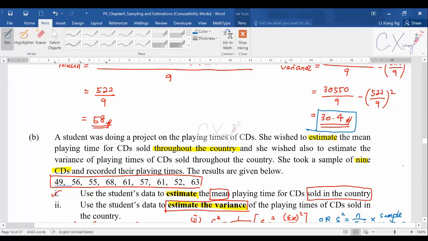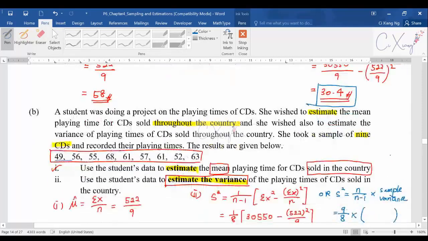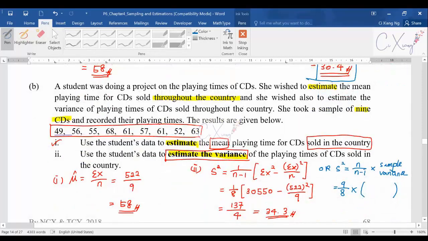Then you can substitute this value inside if you want. Of course, you have to make sure that you put in the long value, 30.4 and so on. You will see that you should be able to get the same value, which is 34.3.